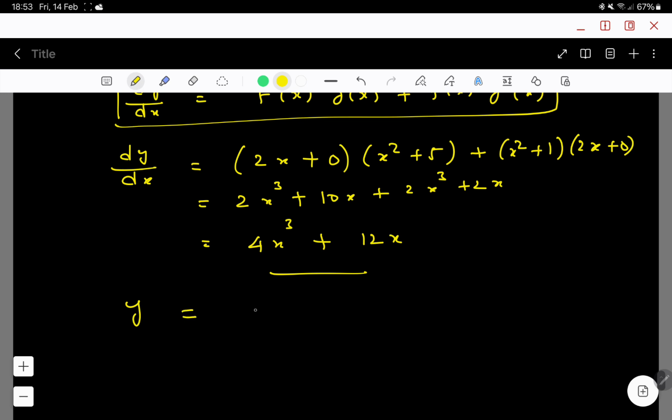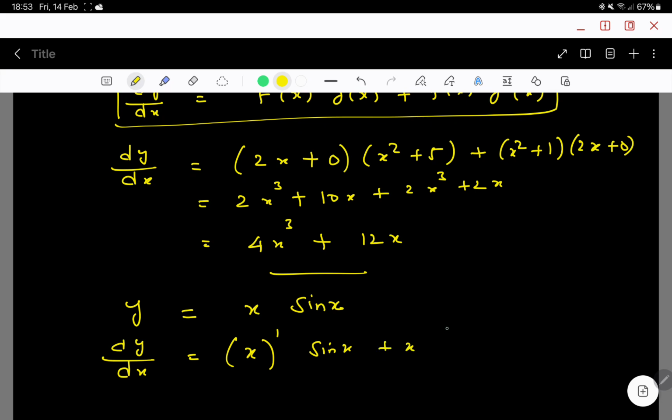And next problem, y equal to x times sin x. Here x is taken as f of x and sin x is taken as g of x. Again we follow the same rule to differentiate. Okay, we use the notation also. First to differentiate, we write in dash. Okay, x whole dash. That means in the next step we differentiate x, into sin x plus write x, differentiate sin x.